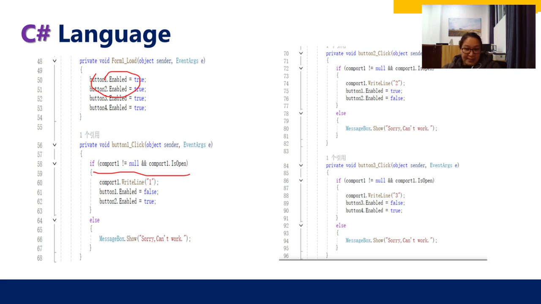If so, it sends the string 1 to the serial port device, disables button 1 and enables button 2. If the serial port is not open, it displays a message box with the text "Sorry, can't work."